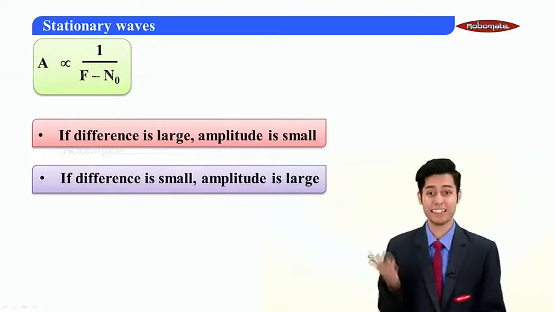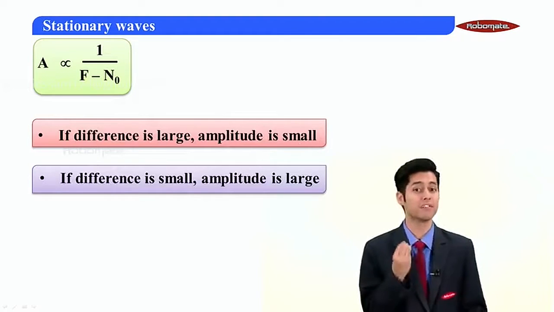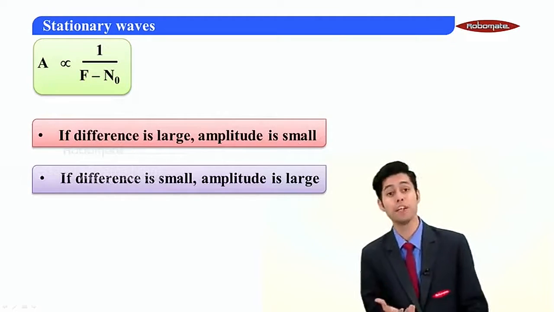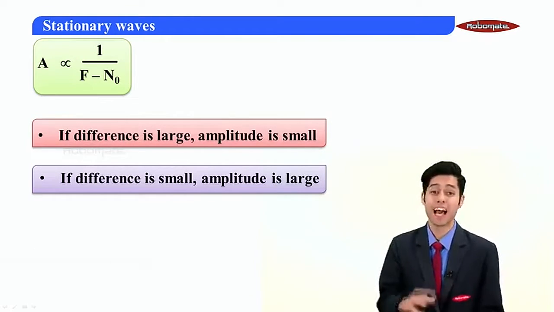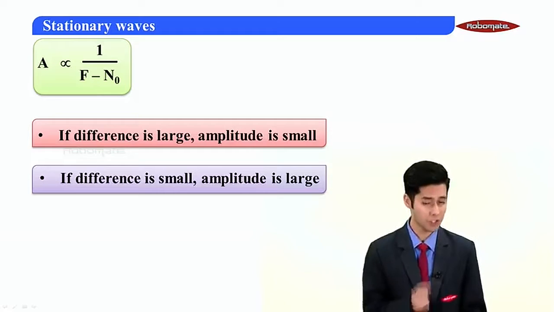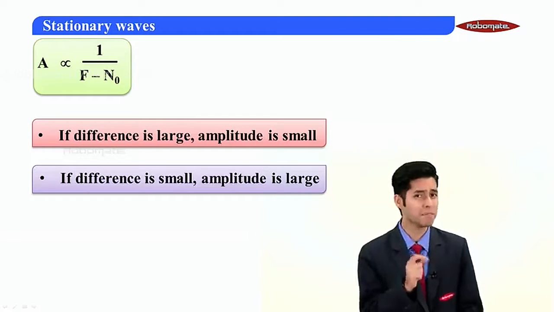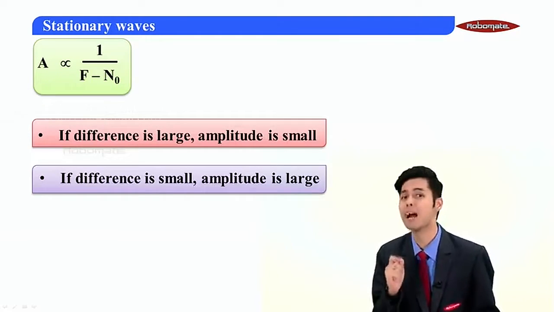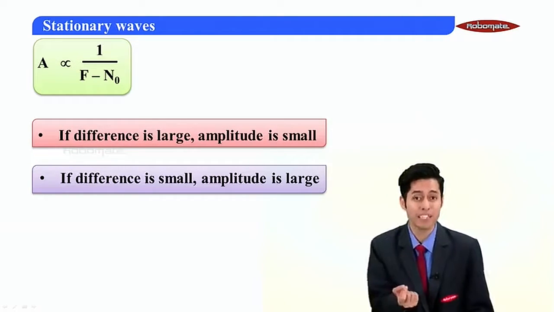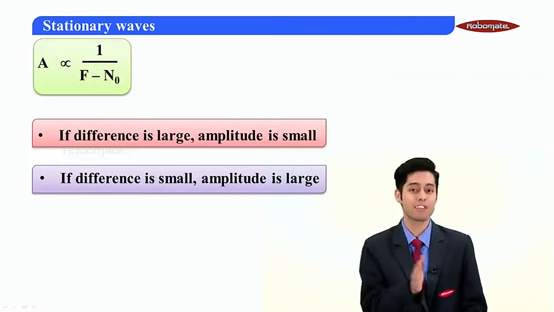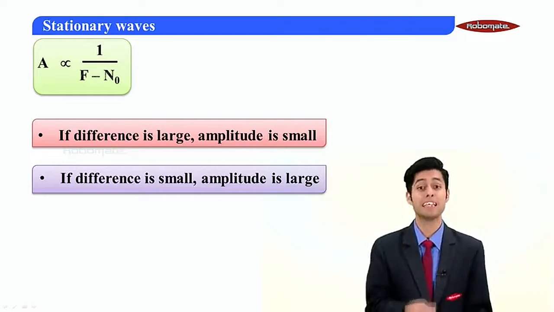So I can state these 2 points, that if the difference in the frequency is large, then the amplitude must be small. And if the difference in the frequency is small, then the amplitude must be large. Now students, if I ask you a very important question, that when will the amplitude be maximum? So your answer will be when frequency of the forced vibration and the natural frequency both become same.